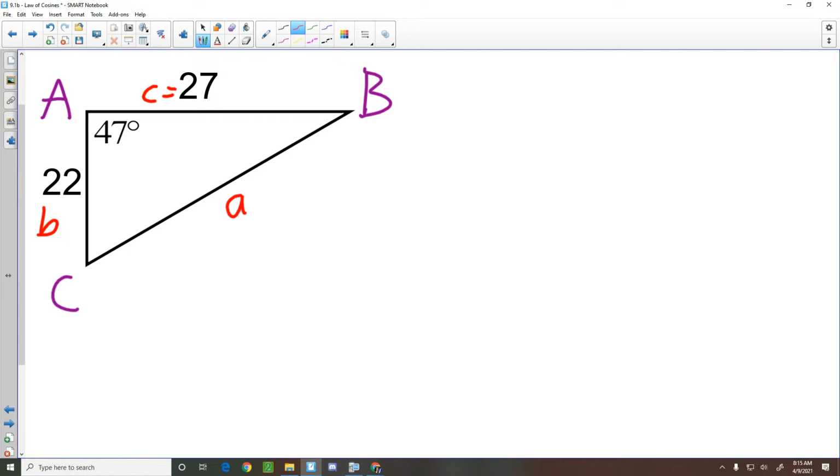Yeah, nice. Good job. Plug them all in. So this last thing, cosine of A. We know angle A, don't we? Look at your triangle. What's the measure of angle A? Yeah, so you can just type that whole thing in.